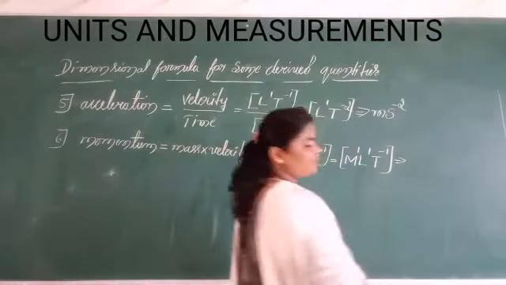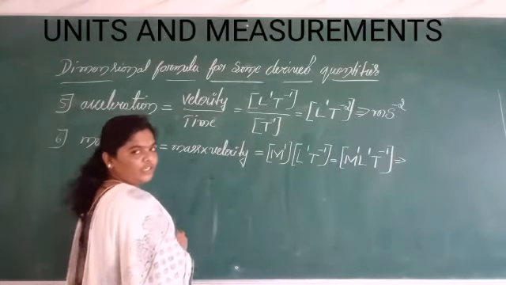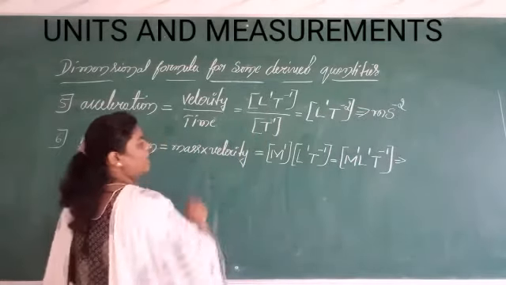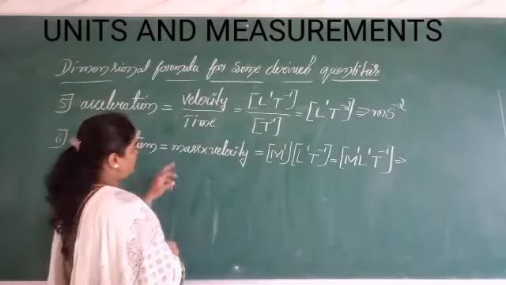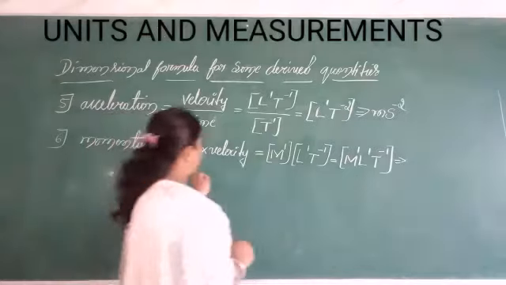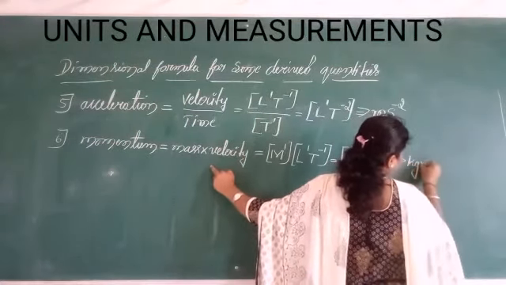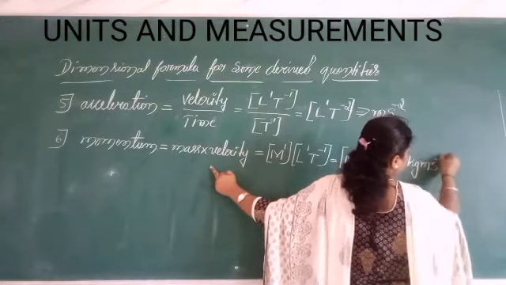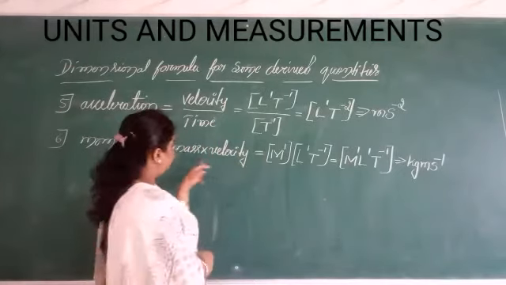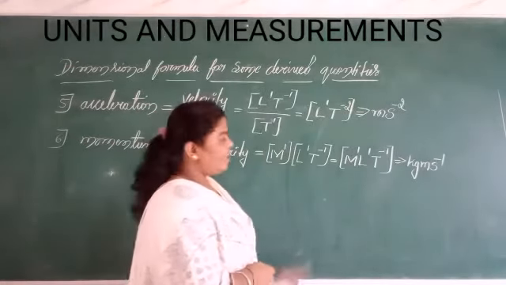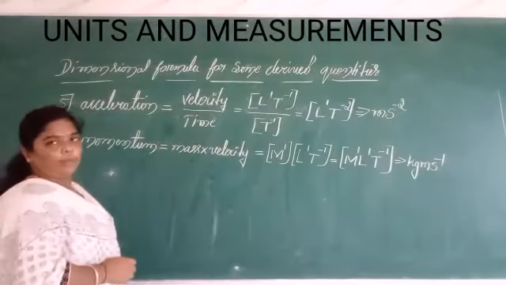Its unit: mass has unit kg, velocity is meter per second, so kg meter per second is the unit of momentum.